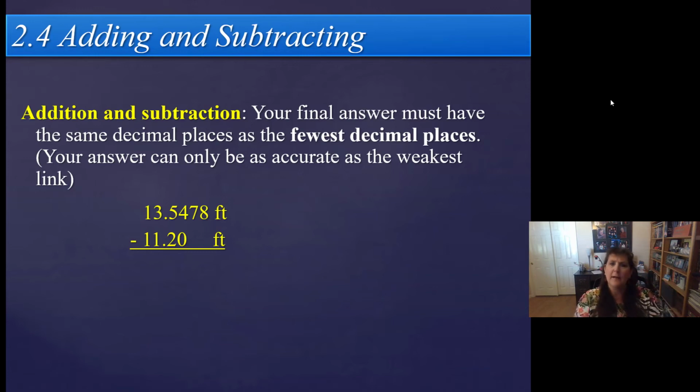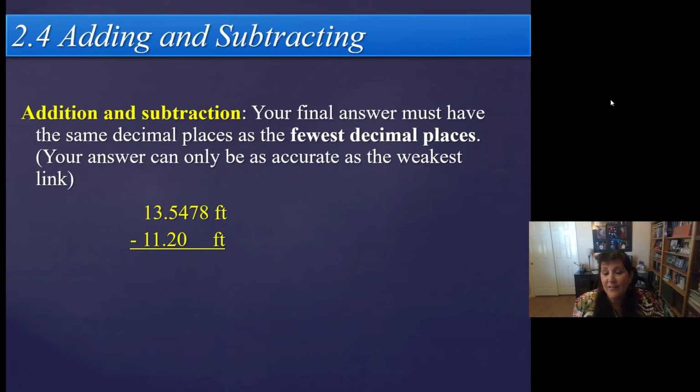Now, go ahead and grab your calculator if you have one. Do this in your calculator and look at your answer. 13.5478 minus 11.20. Okay, my answer in the calculator has 4 decimal places. But this is a measurement problem, and we just said we can only have the same number of decimal places as the fewest. 11.20 only has 2 decimal places, so my answer can only have 2 decimal places.